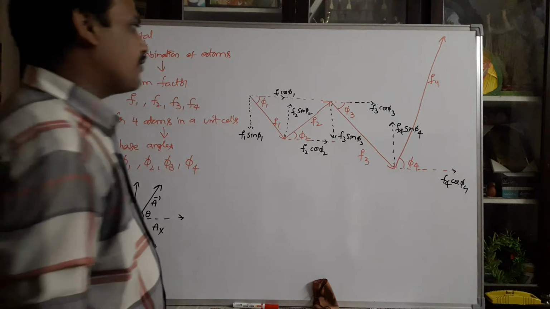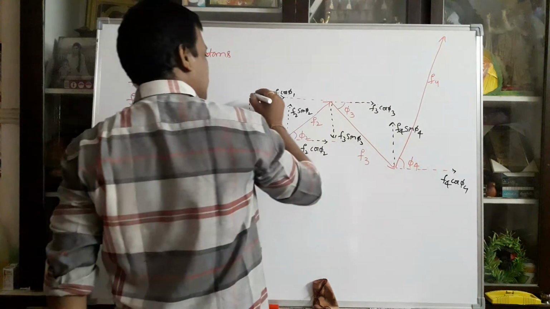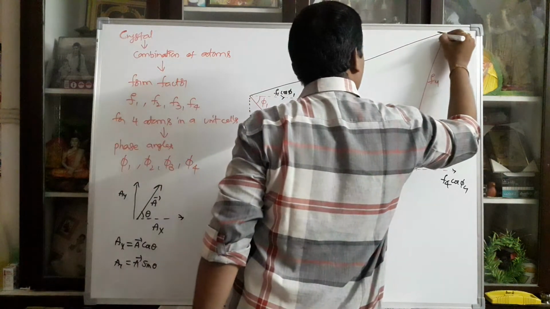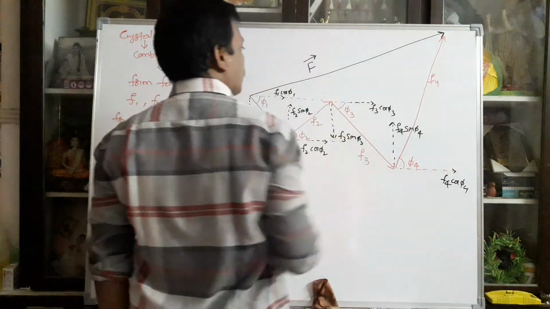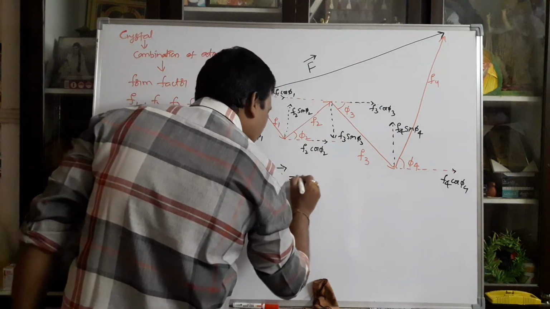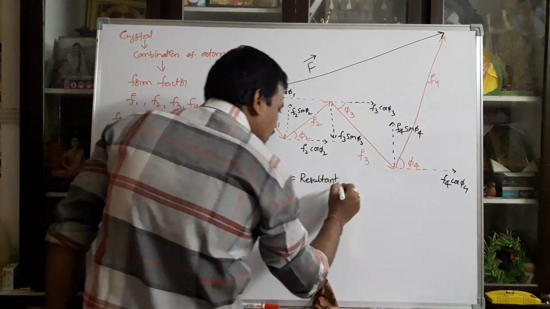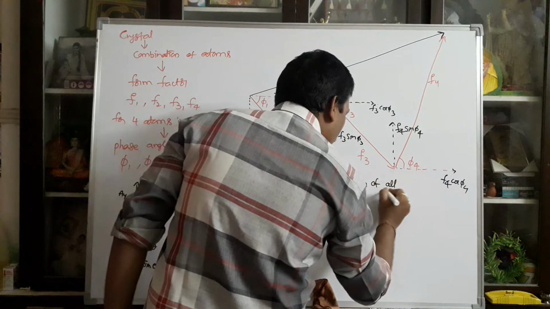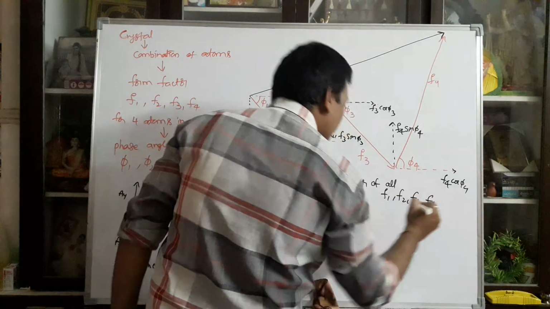The ultimate final vector of f1, f2, f3, f4 can be represented like this. This is capital F bar. This F bar vector is called the resultant vector, the resultant vector of all form factors f1, f2, f3, f4.